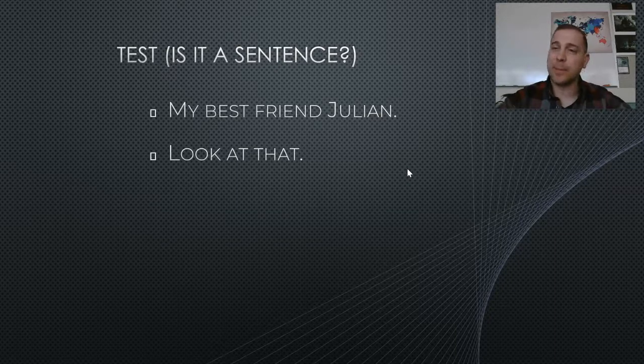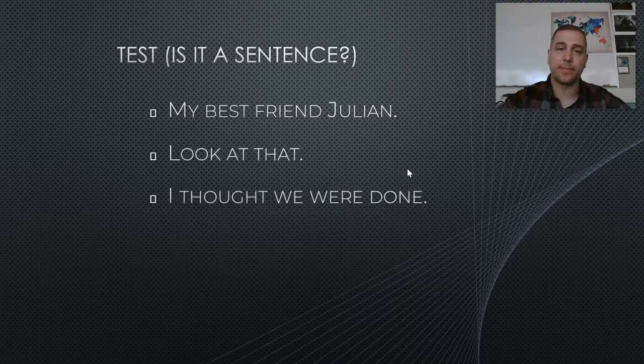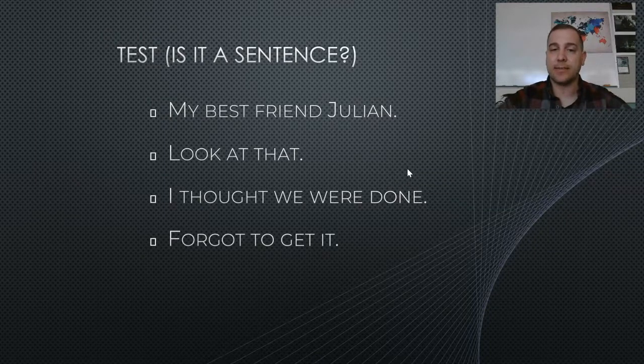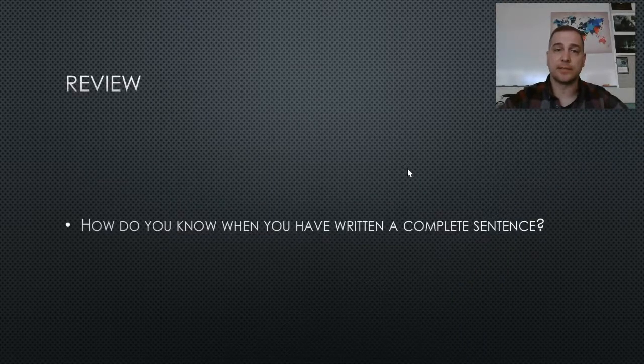Is it an imperative? Yeah. So this is a complete sentence because it's an imperative, right? I thought we were done. So here, I is the subject, thought we were done is the predicate. It makes a complete thought. This is a sentence. And finally, forgot to get it, right? Here, that's not an imperative. It doesn't have a subject, so that's not a complete sentence.